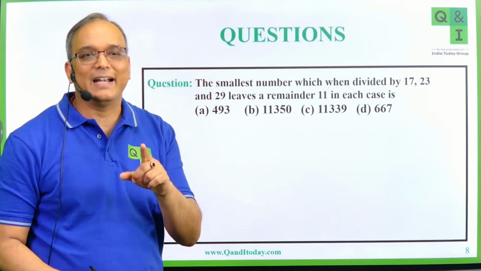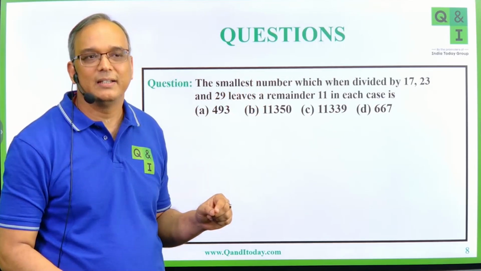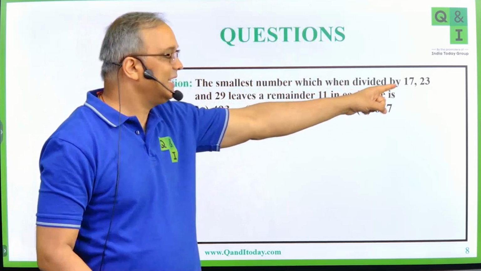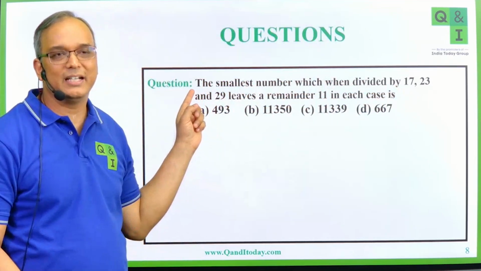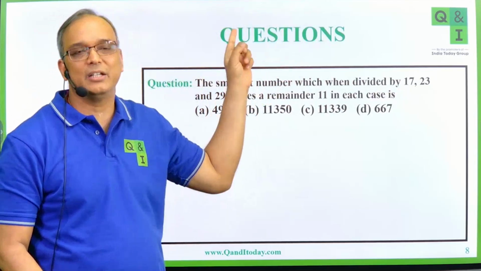You will find that by finding the LCM of 17, 23 and 29, because that number, when divided by 17, 23 and 29, should be exactly divisible. So that will be the LCM of 17, 23 and 29.